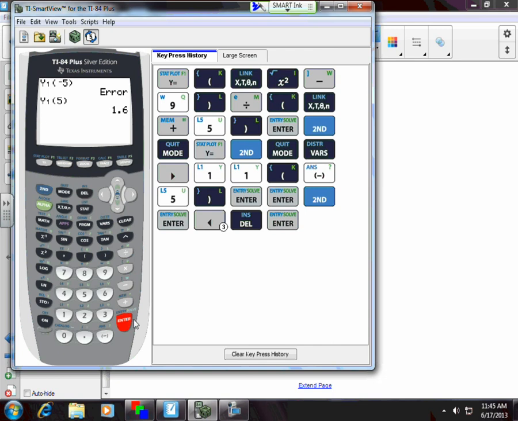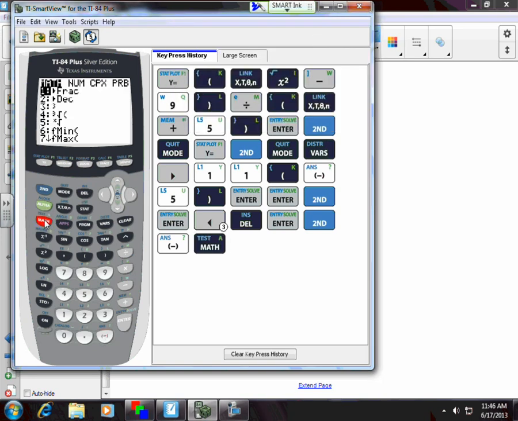Now, of course, if we would like our answer as a fraction, let me remind you of an earlier video. Remember, you can convert 1.6 to a fraction. So we will recall the answer, second answer. And remember, the command is fraction, and it's under the math button.